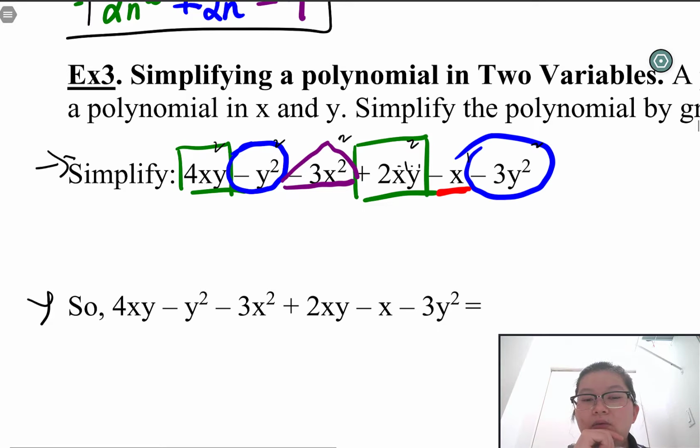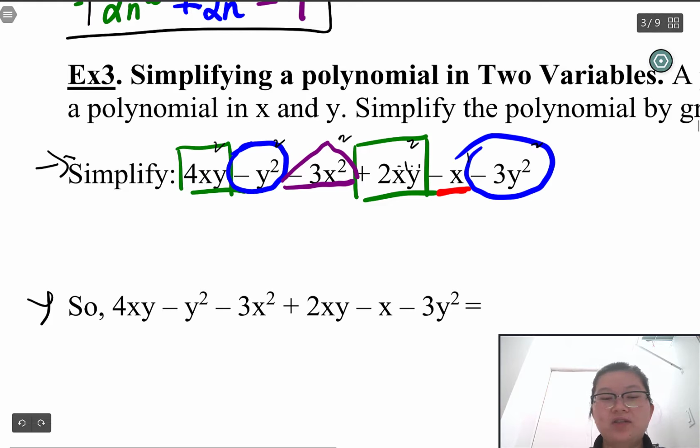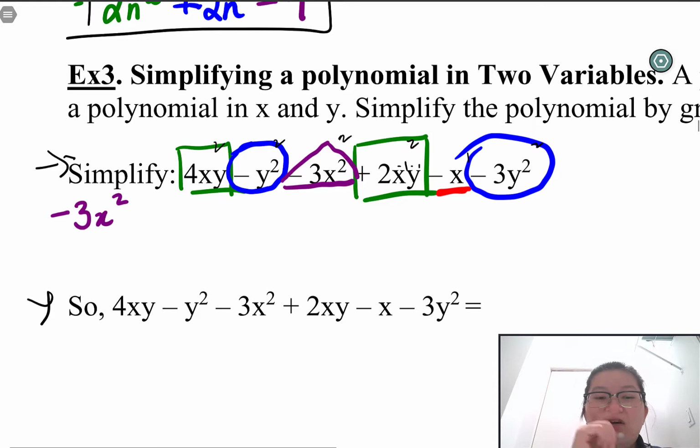So what actually has to go first is the pure x squared. When I rewrite this, I'm going to write negative 3x squared first. Looking at all of the different terms that have a degree of 2, I pick the one that is next up. It cannot be y squared because y is later in the alphabetical order. I need to pick xy, which is kind of in between the x and the y.